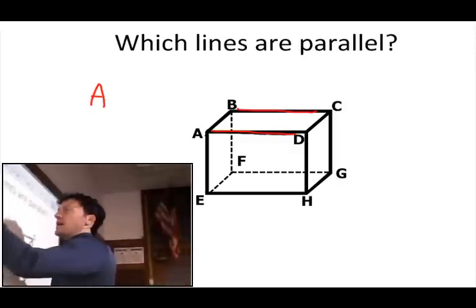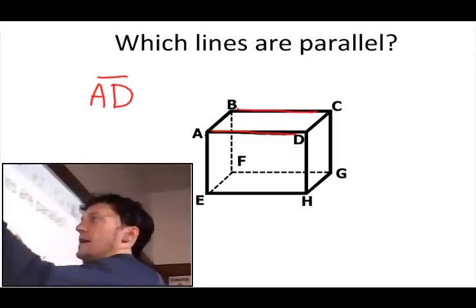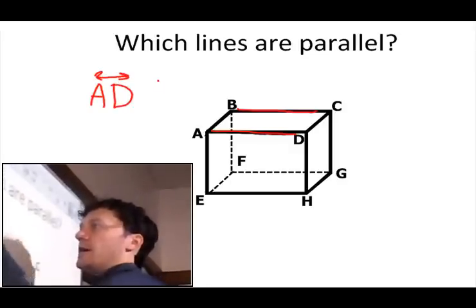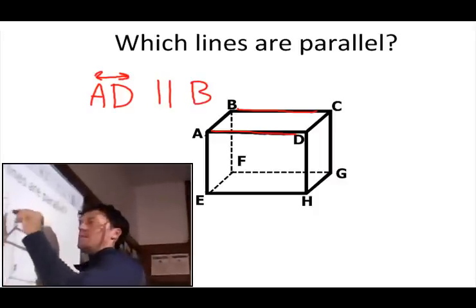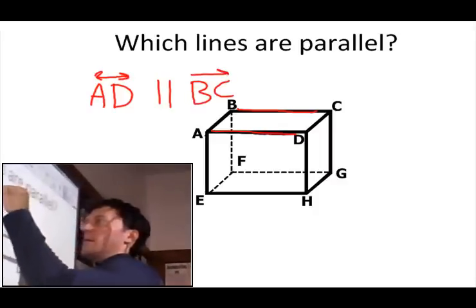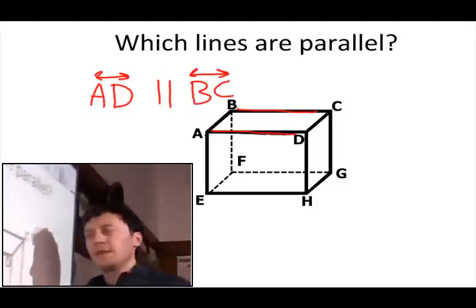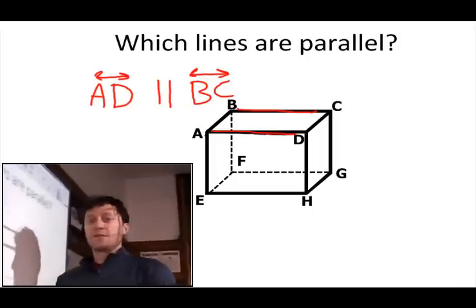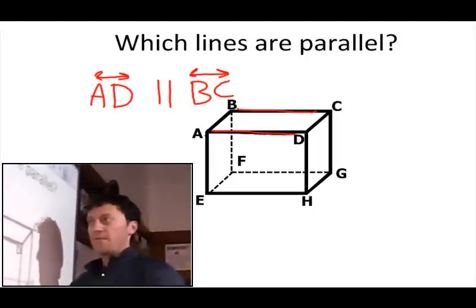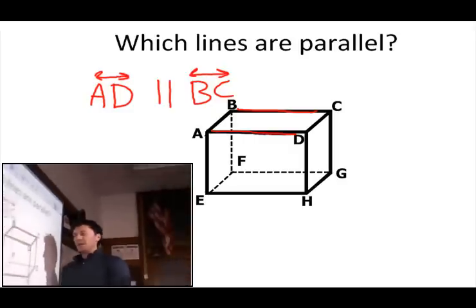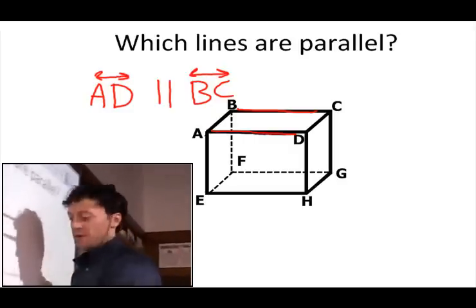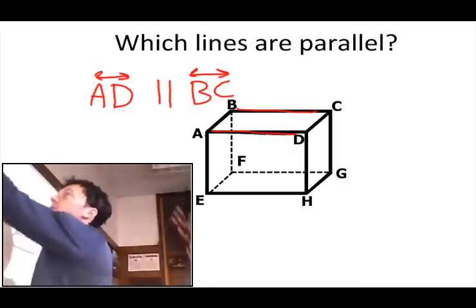So I can say line AD is parallel to line BC. That's one of them. You might have come up with something else. You might have said AB and EF are parallel lines. You might have said EH and FG. Those are all good examples.